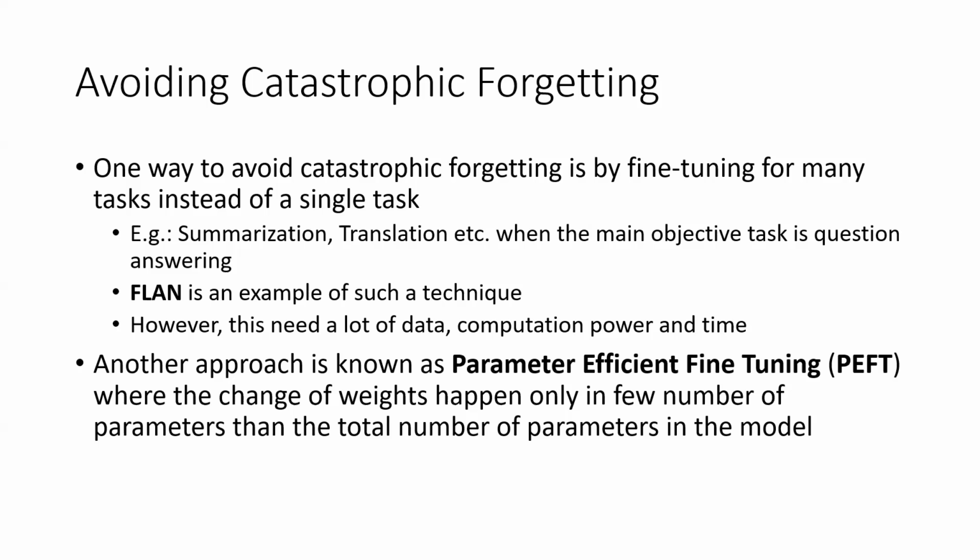Because you are not only training for a single task but for many tasks, it would preserve the information that was already there to some extent. So you are not only training for your specific task, but for many tasks, like 50 separate tasks that we have data sets for, and then we can reduce this catastrophic forgetting to a certain extent.